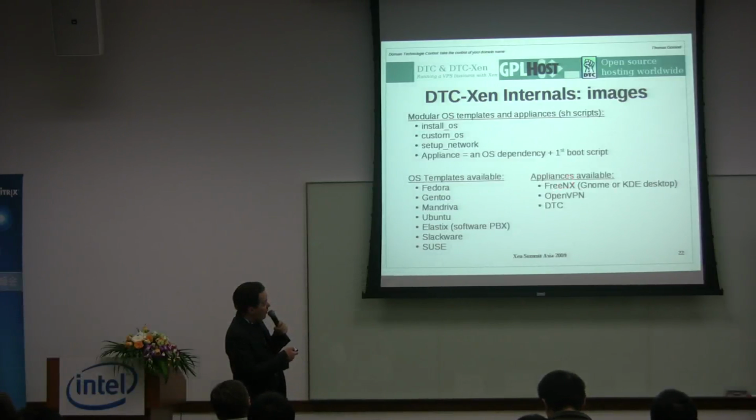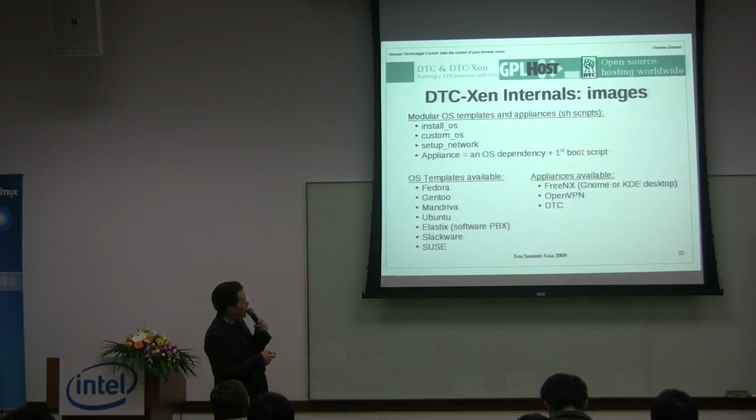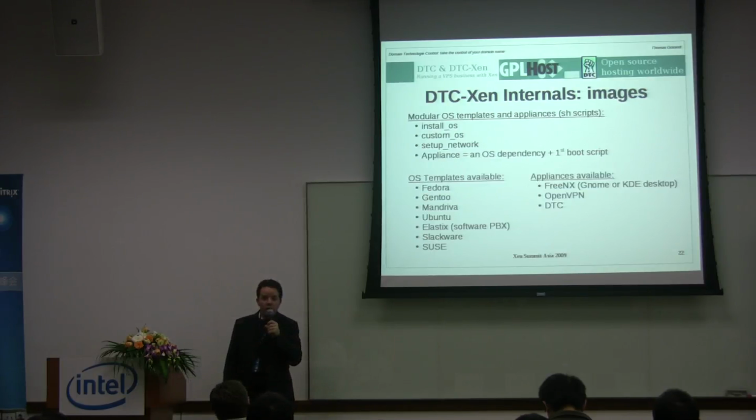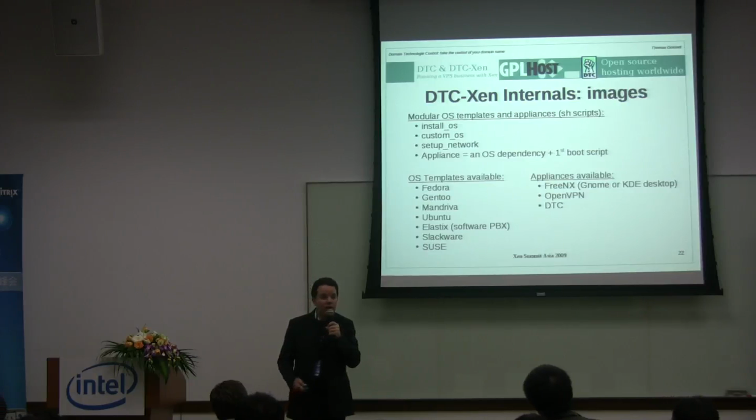Appliances now. What we call appliances is an image or a pull-by-the-network distribution, where we add a first boot script. It pulls the packages from the distribution. That's the same idea, that you do not want your images to get old.